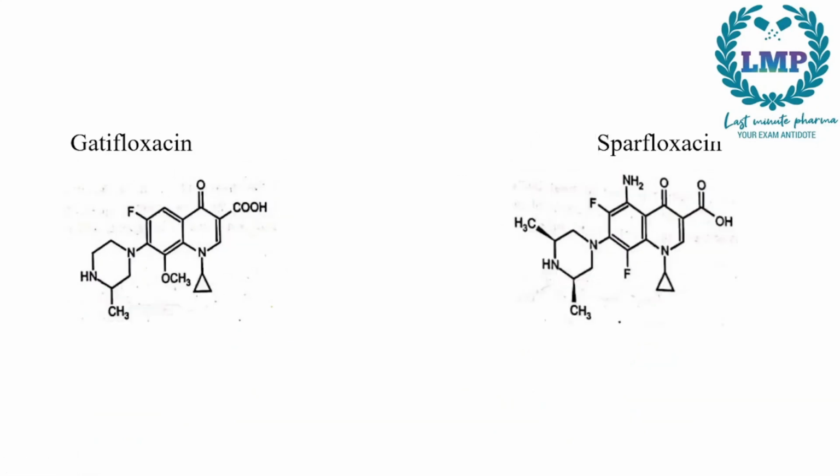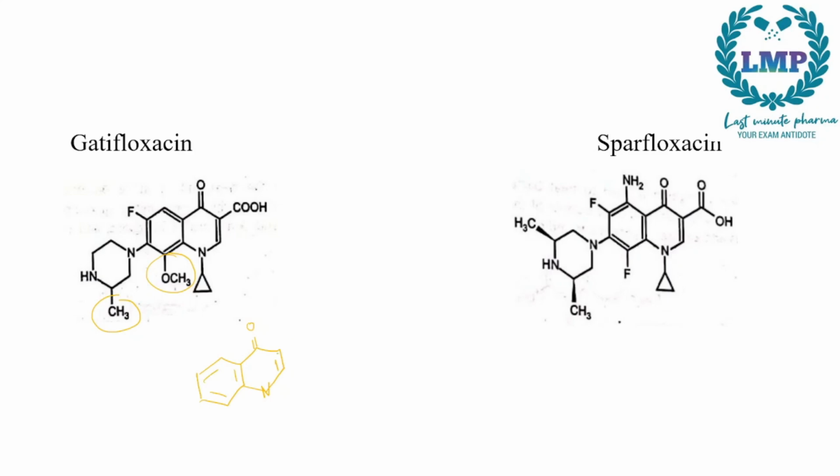Next we have gatifloxacin. So gatifloxacin is the same as ciprofloxacin, just the only change would be this group right here and this group right here. So gatifloxacin, first we'll draw ciprofloxacin, that is 2 benzene rings attached to each other, then a double bond O, a nitrogen, so our 4-quinolone is ready.